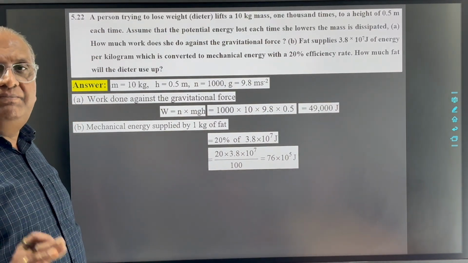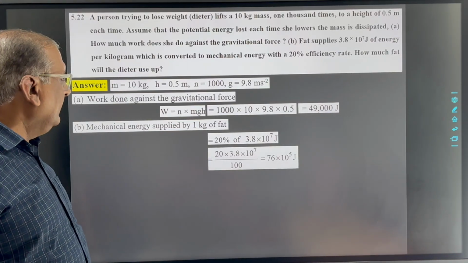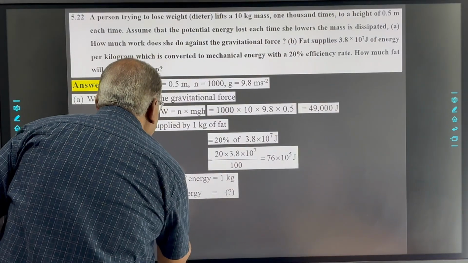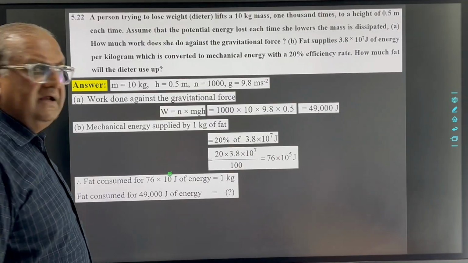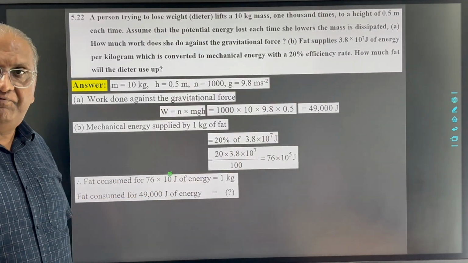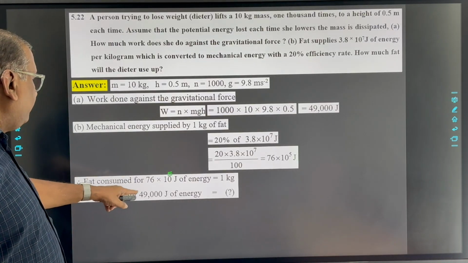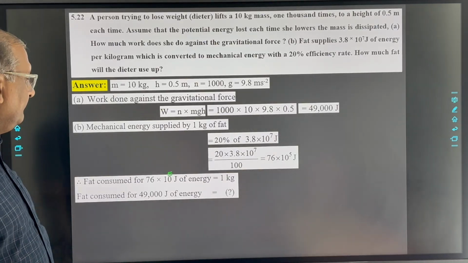Now simply we can use the unitary method. 76 into 10 raised to 5 joule of energy, right? That will be obtained by burning 1 kilogram of fat. Then fat consumed for 49,000 joule of energy is how much?